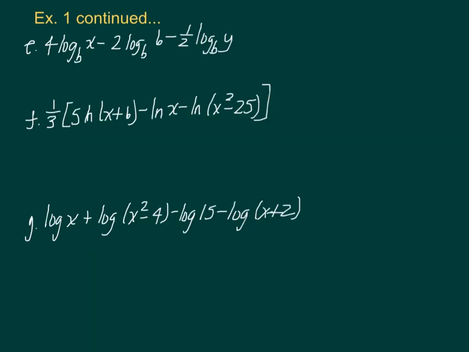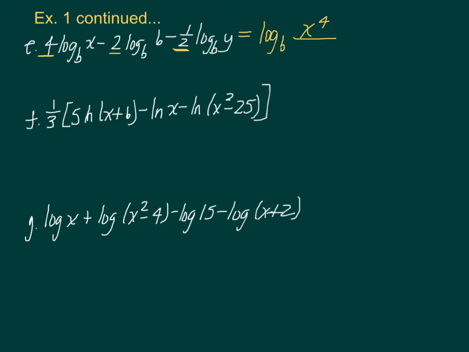Okay, example 1 is continued with letter E. If you notice, each of my terms has a power. So I'm going to use the power property and make those exponents. So the 4, the 2, and the 1/2 become powers. And so I have log of x to the 4th. And since this says minus, that means that we have to use the quotient property.